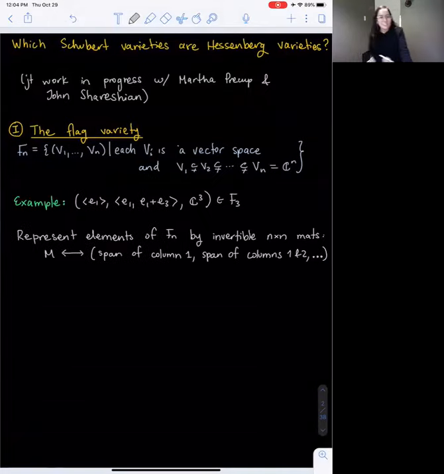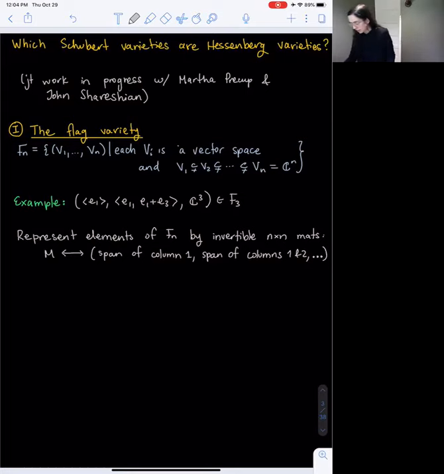One very useful aspect of flag varieties, one of the reasons they appear in so many different fields, is that they behave very nicely with respect to groups or group actions and things like that. So a very important observation is that you can represent the elements of the flag variety as invertible n by n matrices.